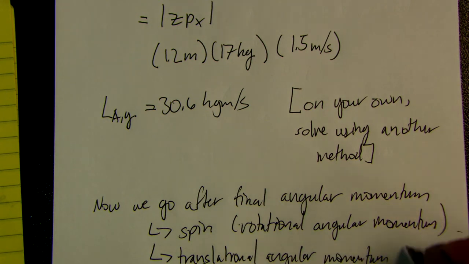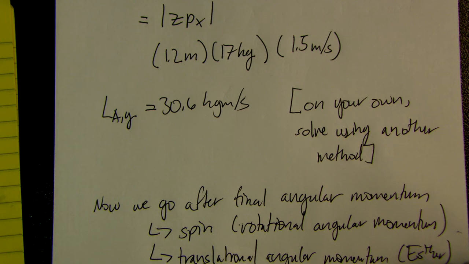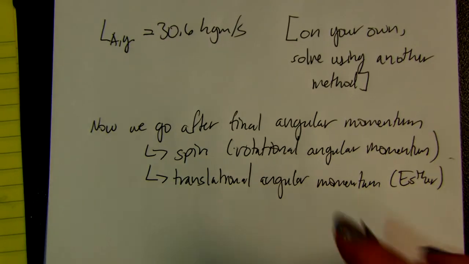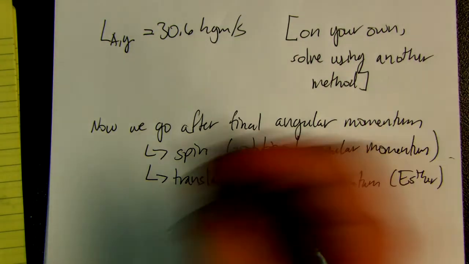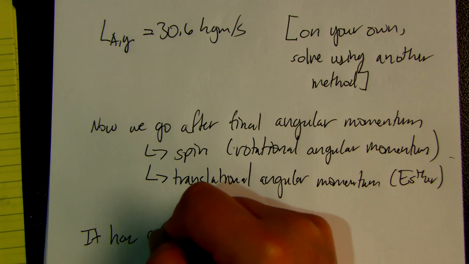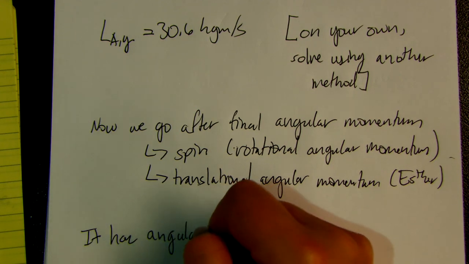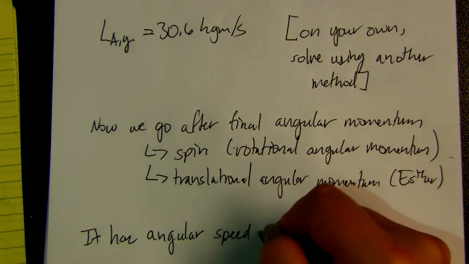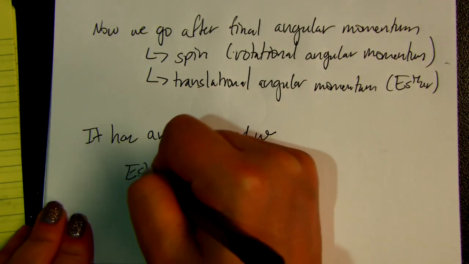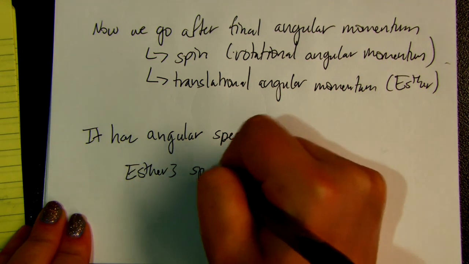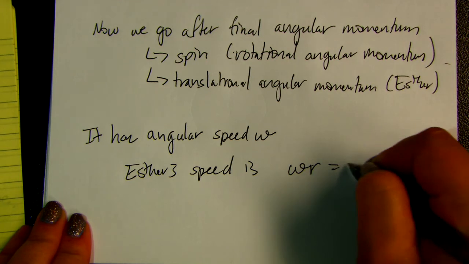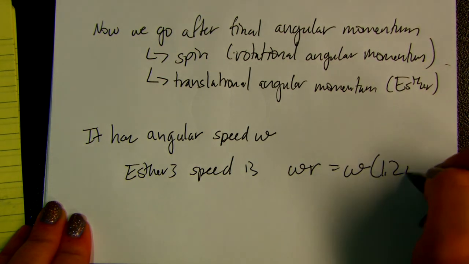And this is going to be related to Esther being on the ride. Okay, so it has angular speed omega, and Esther's speed is omega r, which is equal to omega 1.2 meters.